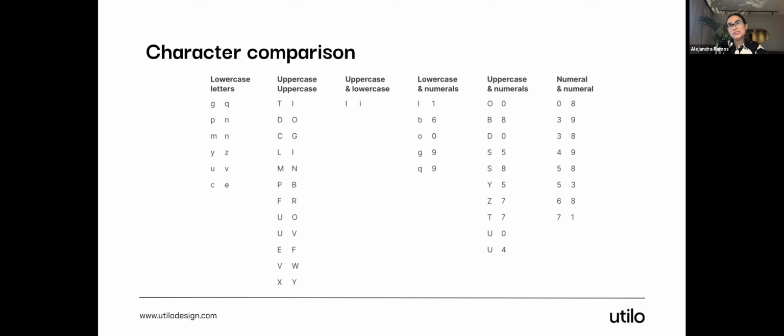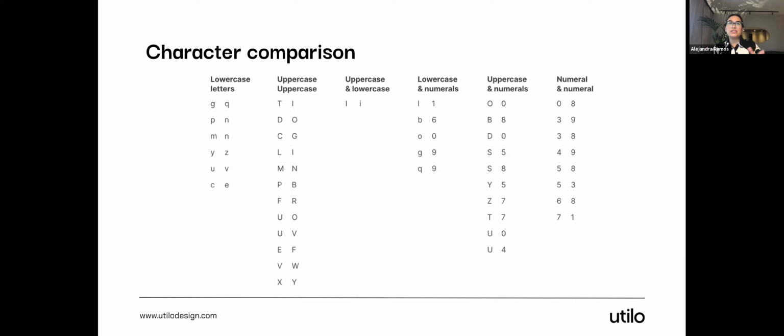And the test I find most useful is a character comparison. Here you have different lowercase, uppercase, and numerals, and you can compare characters that might be confused with each other. For example, a G with a Q, a P with an N, a D with an O. In the numbers, the zero, whether it has a line through it or not, can indicate if your typography is accessible or not.